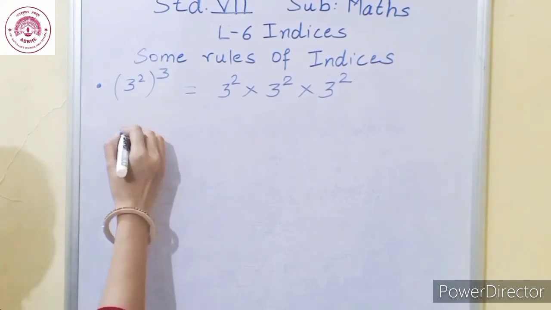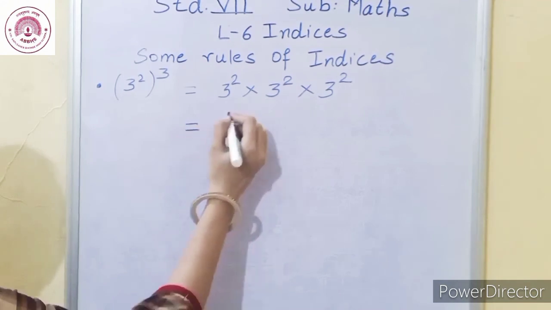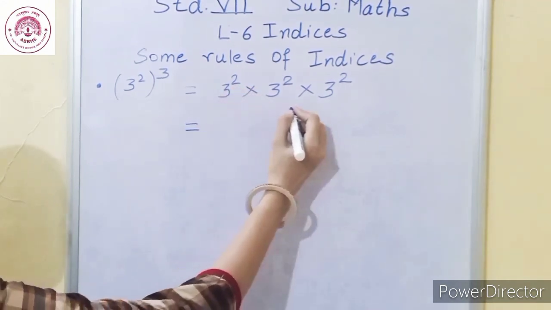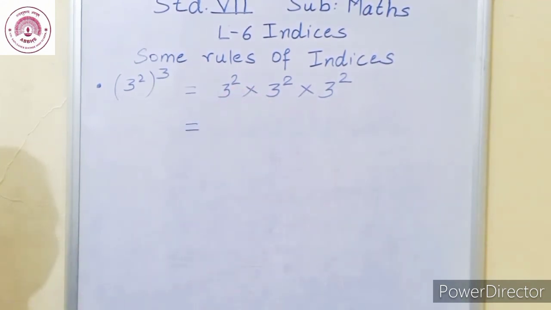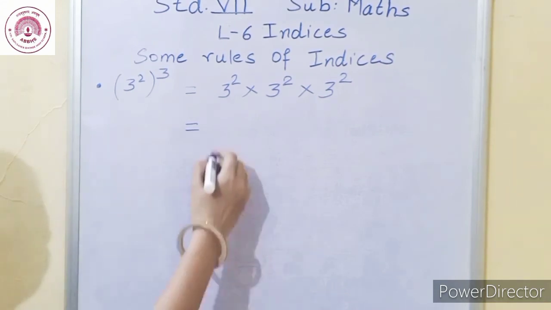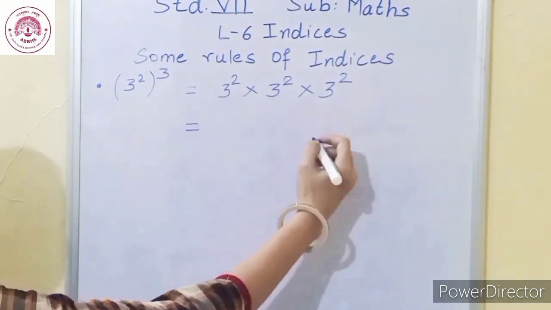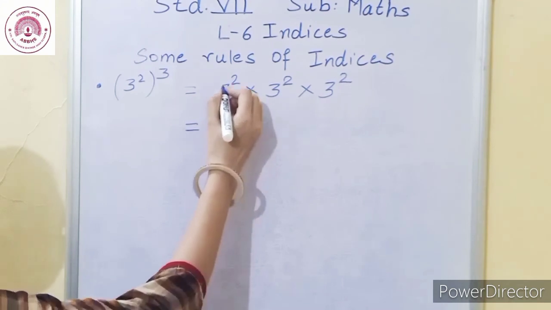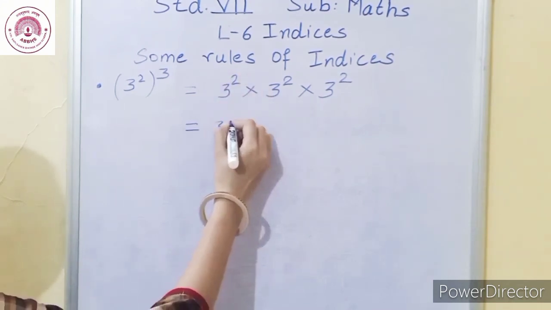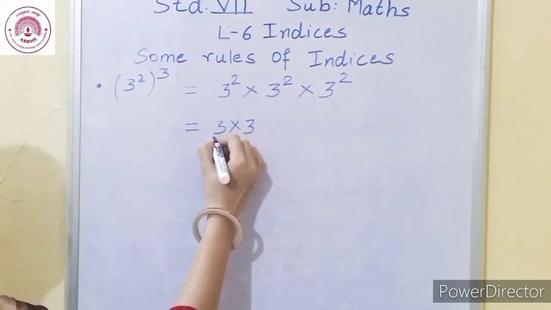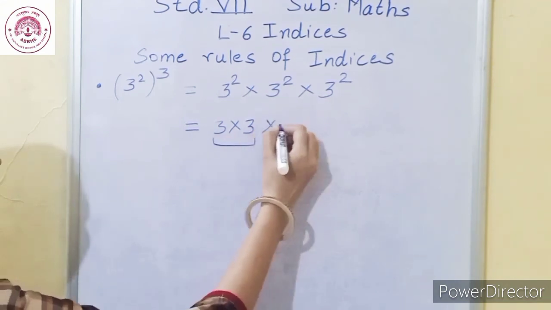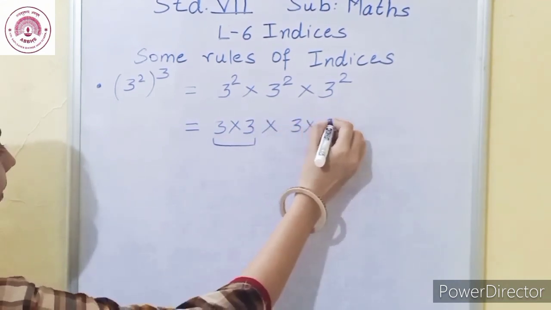Now, simplifying these indices, 3 square can be written as 3 multiplied by 3 multiplied by 3 multiplied by 3.